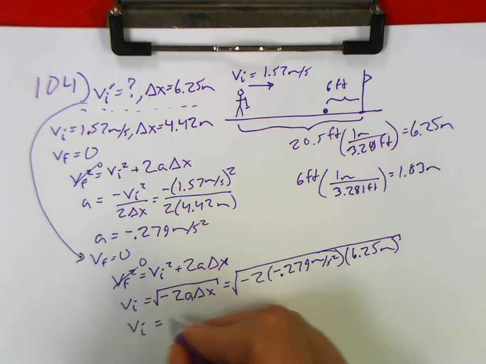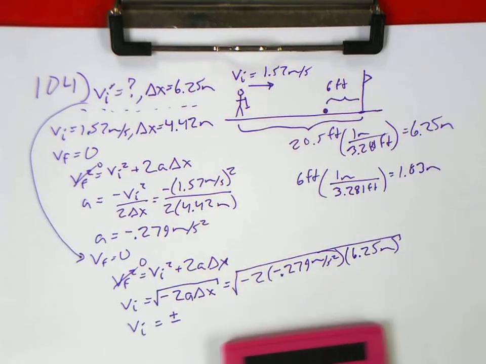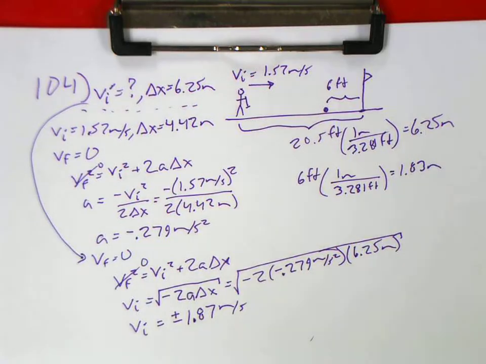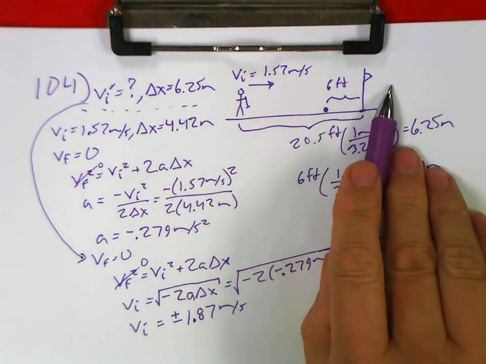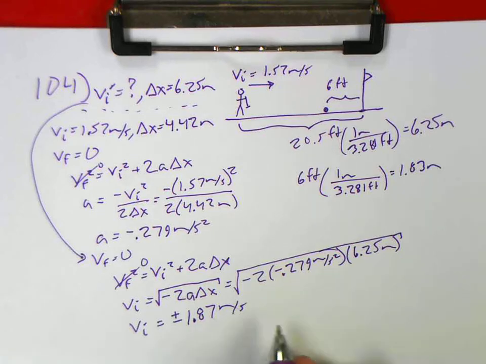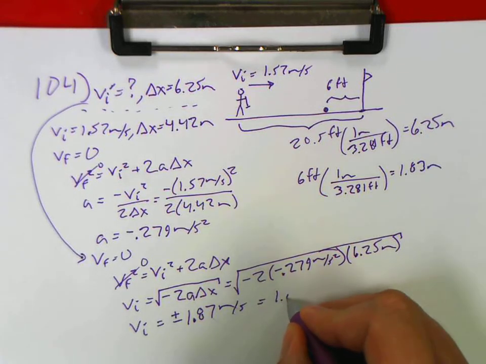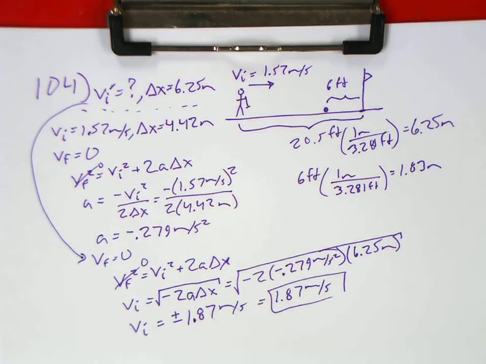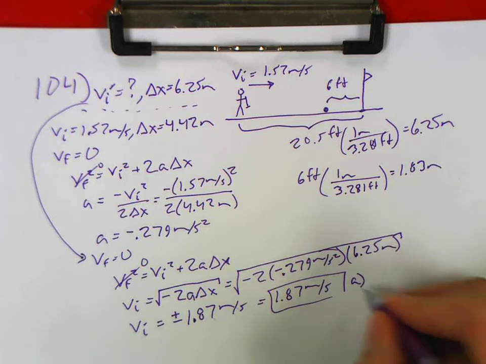So V initial is equal to plus or minus 2 times 0.279, I ignored the minuses, they're going to cancel out inside, times 6.25, square rooting that, 1.87 meters per second, and this is the positive direction, that's going to be the negative direction, so we're going to call that positive. So 1.87 meters per second is our final answer for part A. All right, so that's our answer for part A.